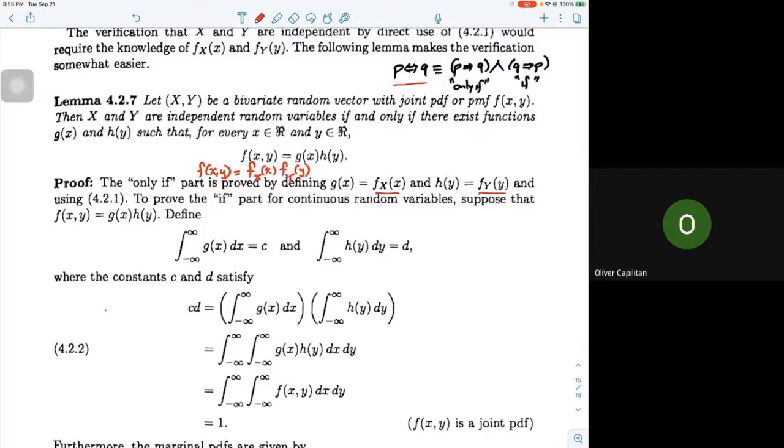Next, to prove the if part for continuous random variables, we're going to assume the Q statement. That is, the joint PDF of xy is equal to the product of these two functions, g of x and h of y.